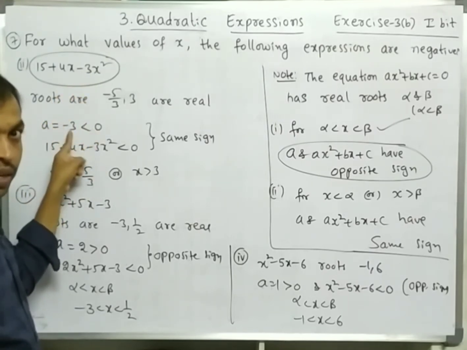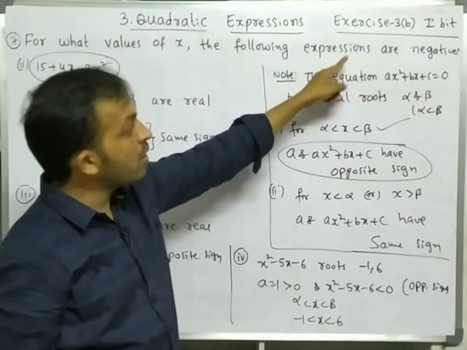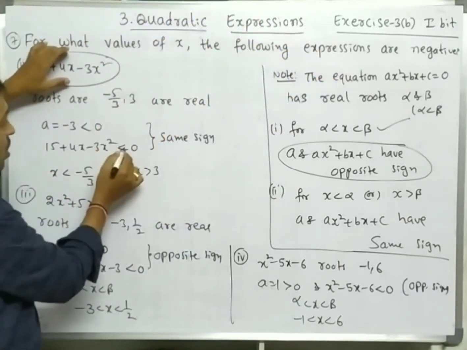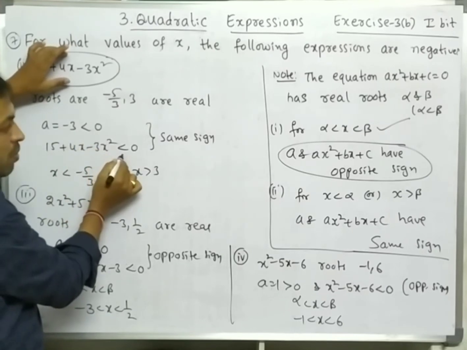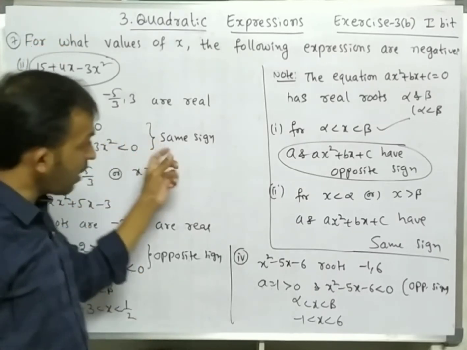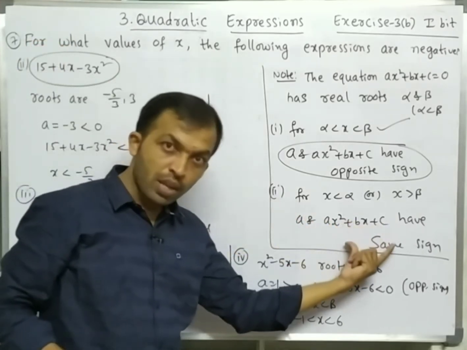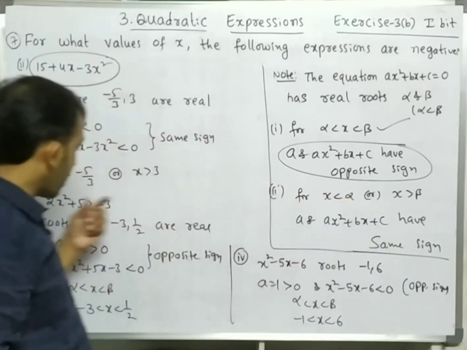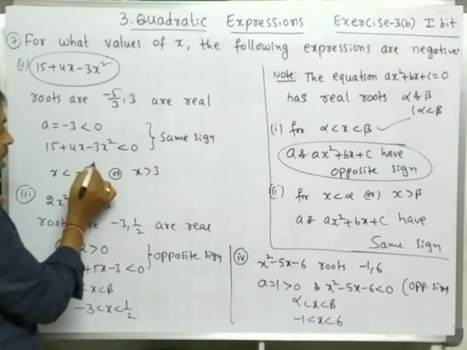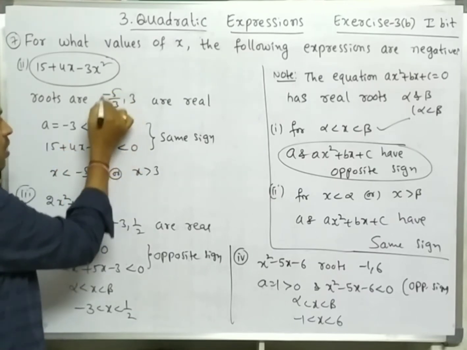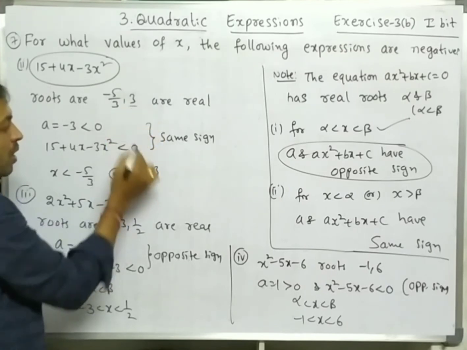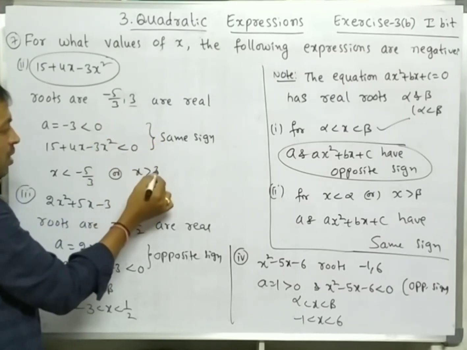The a value is negative. In the question it is given that this quadratic expression should be negative. So a negative, quadratic expression negative. That means both have the same sign. If both have the same sign, what is the formula? x less than alpha or x greater than beta. Alpha means smaller value, or x greater than beta, the big value. This is alpha, that is beta.